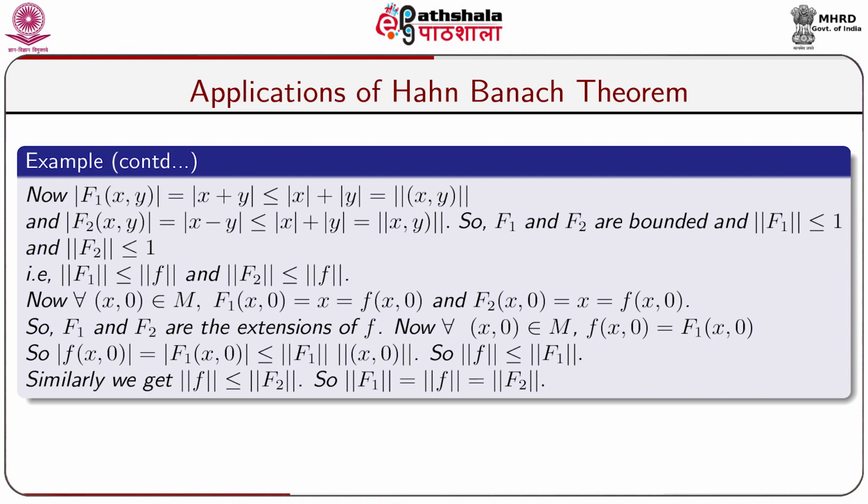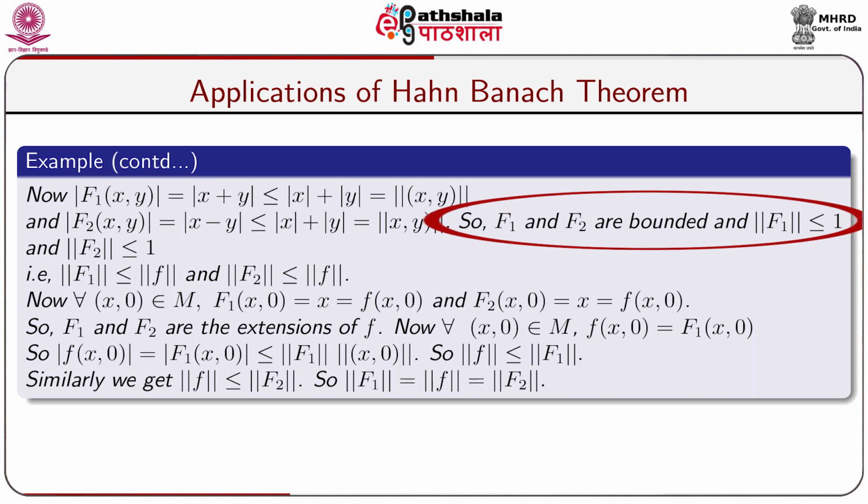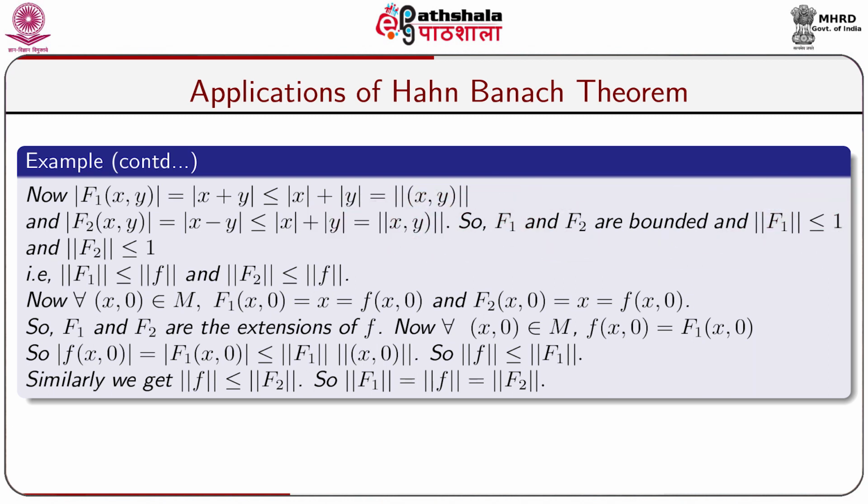Again, modulus of F2(x, y) is equal to modulus of x minus y, which is again less or equal to modulus of x plus modulus of y, is equal to norm of the pair (x, y). So, capital F1 and capital F2 are bounded linear functionals with norm of F1 less or equal to 1 and norm of F2 less or equal to 1.